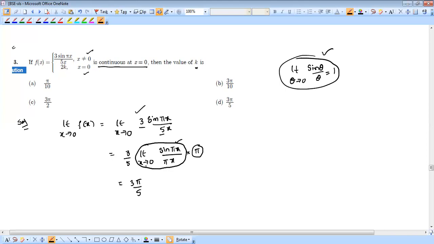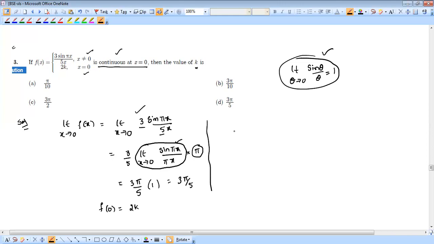So when you apply limit x tends to 0, it becomes 1. So the answer here is 3 pi by 5. And at x tends to 0, that is f of 0, which is 2k.